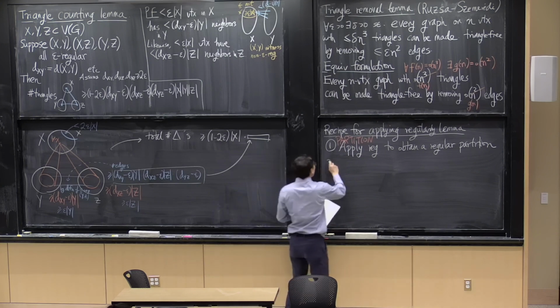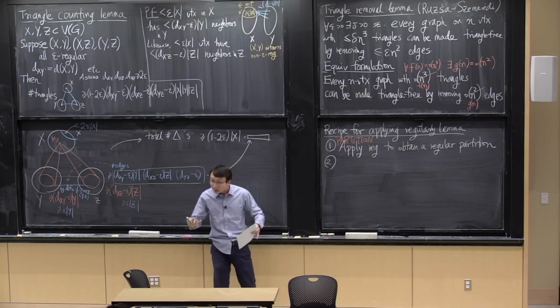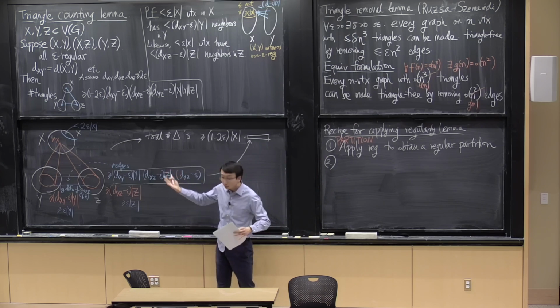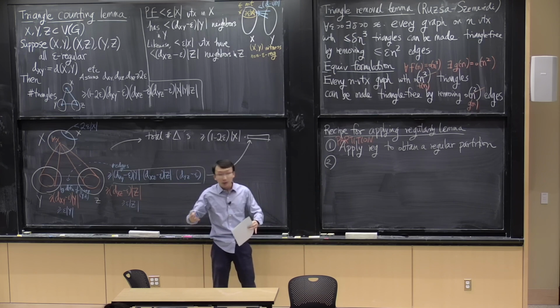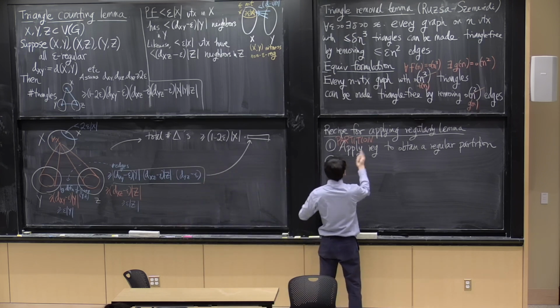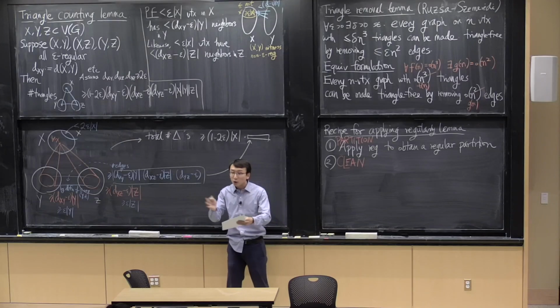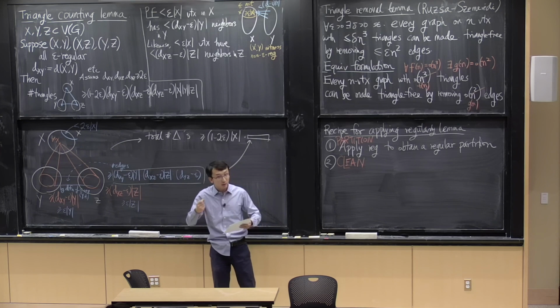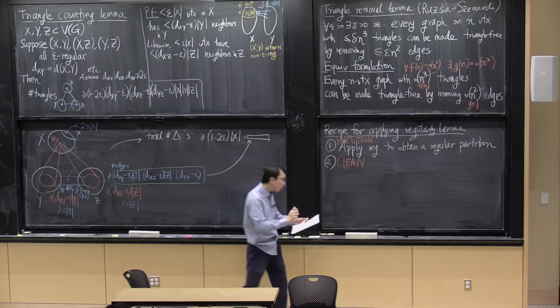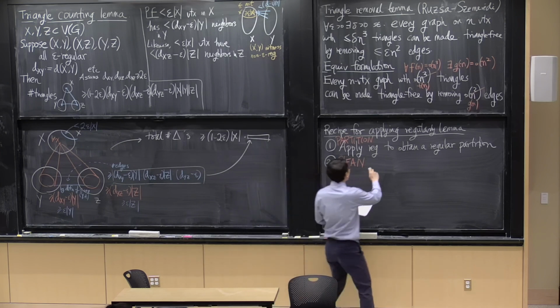In the second step, we look at the partition that we obtain, and we clean it up. In the partition, you have some irregular pairs that are undesirable to work with, and there are some other pairs. In particular, if your pair involves edges that are fairly sparse or subsets of vertices that are fairly small, then maybe we don't want to touch them because they're not so good to deal with.